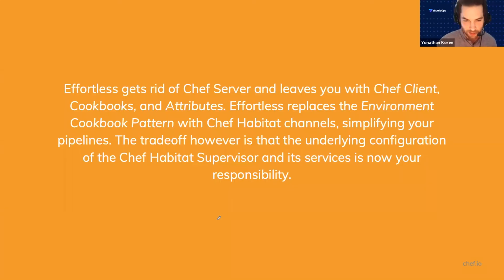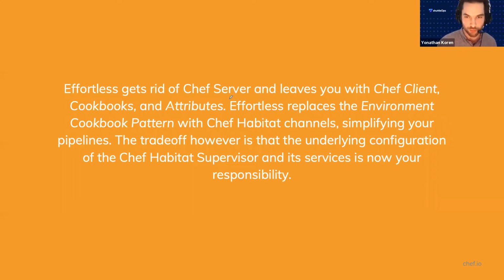So as a summary, Effortless gets rid of Chef Server. It keeps some of its objects, but it gets rid of most of its components, and just allows Chef Habitat to run the cookbooks. It replaces the environment cookbook pattern with Chef Habitat channels, which can simplify pipelines.